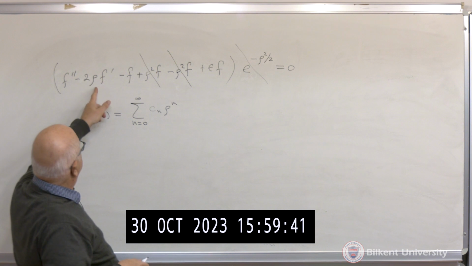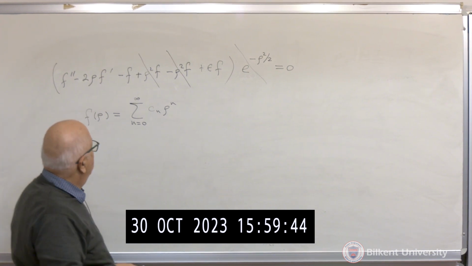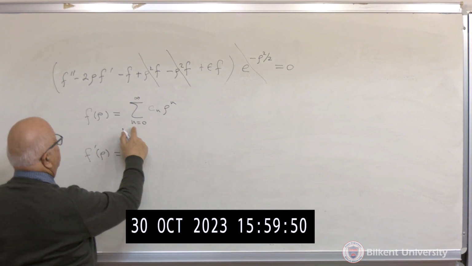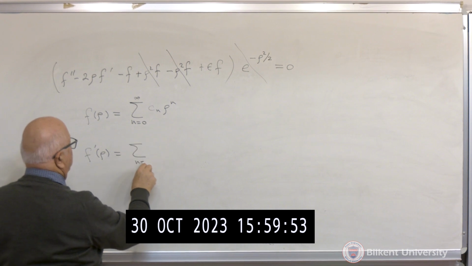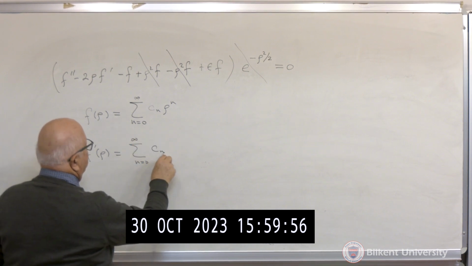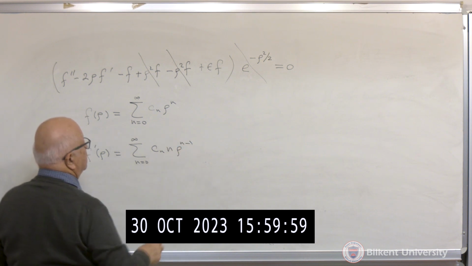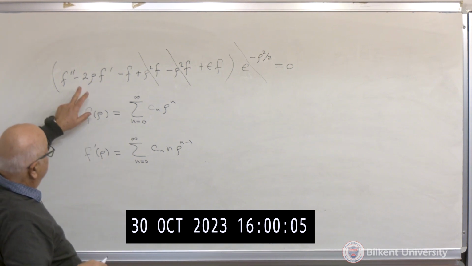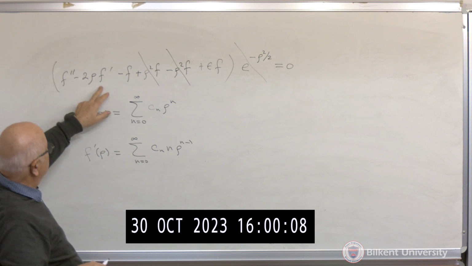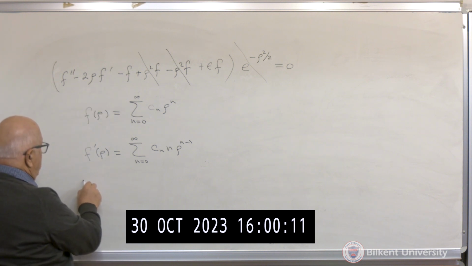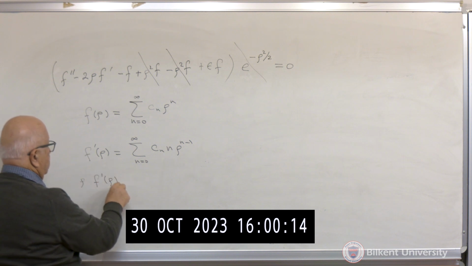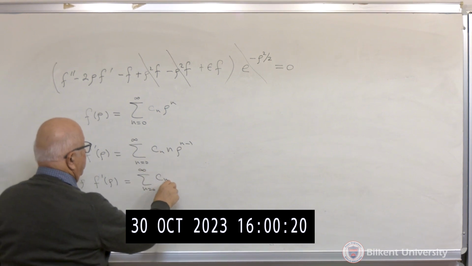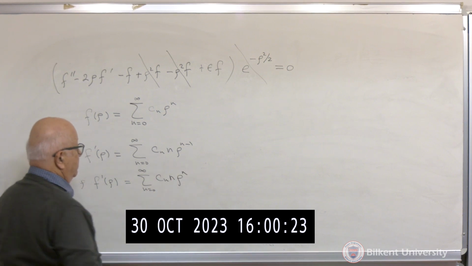So we'll need the first derivative and the second derivative of this. The first derivative is the sum over n from 0 to infinity of Cn n rho to the n minus 1. In fact, we really need rho times f prime, so let me write that. Rho times f prime is the sum from n equals 0 to infinity of Cn n rho to the n.